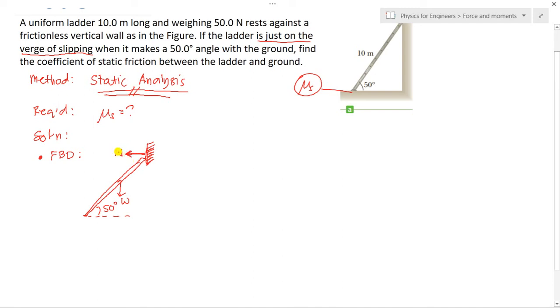Or you can just say here this is N. But actually, naa nay N diri nga another representation. For me, mag-label na lang ko og lain nga variable kay para di siya mabalik-balik. So I can just say this is the reaction force of the wall, R. Actually by definition normal force gyapon na siya, pero ako lang gi-represent as R. Or I can say that the normal force here is just the reaction of the vertical wall.